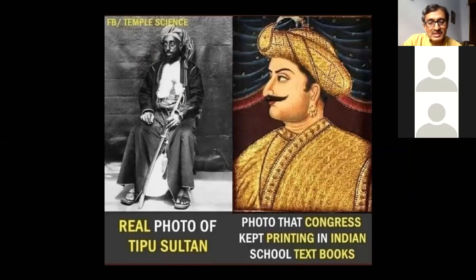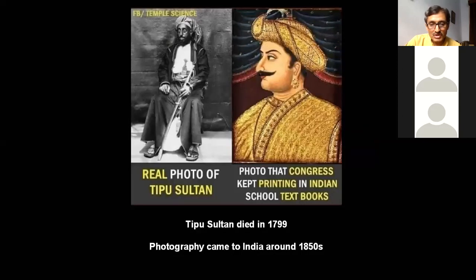So I looked at this and I said, how is that possible? Tipu Sultan, was he there when photography was invented? So then I found out that Tipu Sultan died in 1799, whereas photography came to India around the 1850s. So there is no way that this could be a photo of Tipu Sultan.